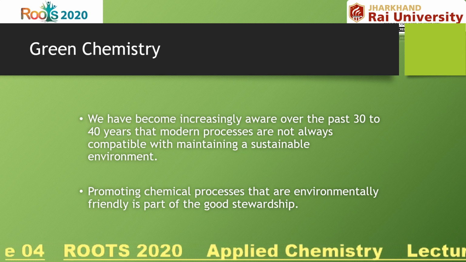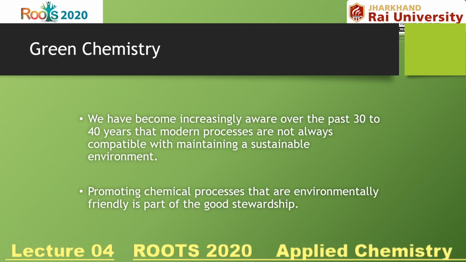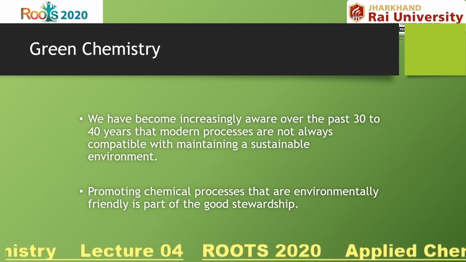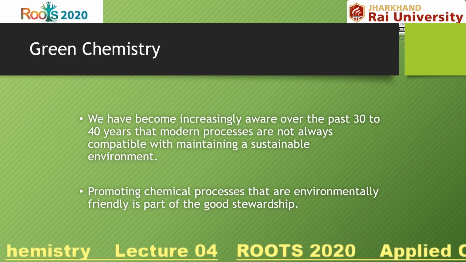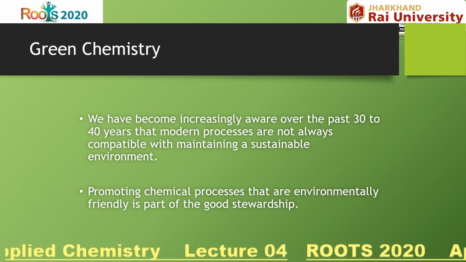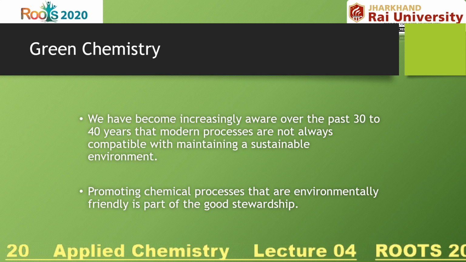Sustainable development means that we have to develop our environment, our ecology and also our economy. At first the meaning of development was economic development, but now we are concerned about the development of our environment and also our economy.